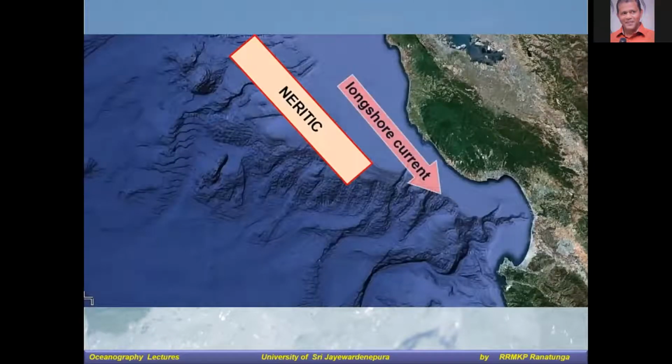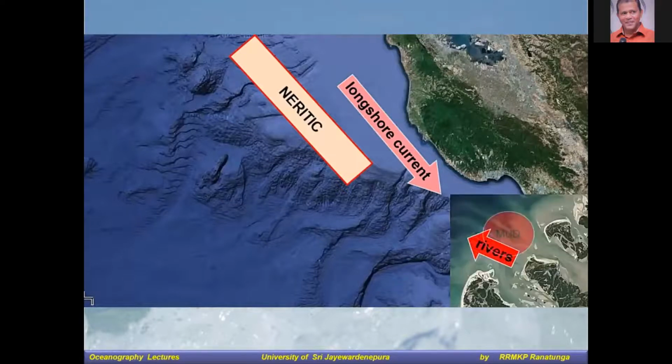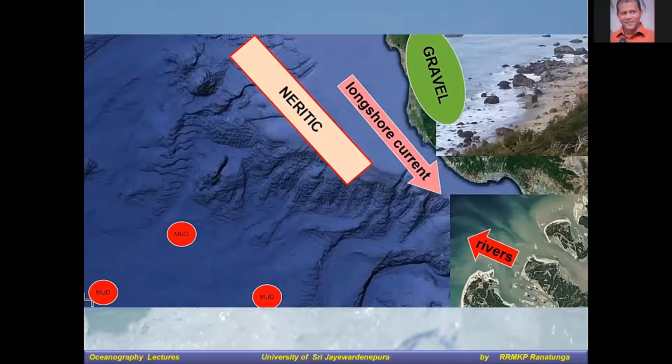Neritic waters tend to have faster moving currents interacting with surface waters in the shallow bottom. These waters can pick up and shift around larger sediment grains. Rivers that enter here will retain mud-sized sediments in suspension and can carry them quite a distance offshore. Gravels tend to stick close to shore.